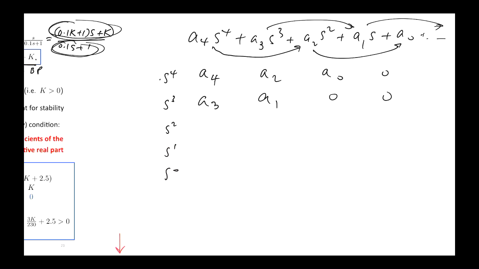Now we have to construct this row here. And this row is not constructed by just reading things off the polynomial. This row is constructed from the two rows above it. And it's done this way. You always, in this row, divide by this number, which is called the pivot. So we're going to divide by A3, and then we're going to take minus the determinant of a 2 by 2 matrix.